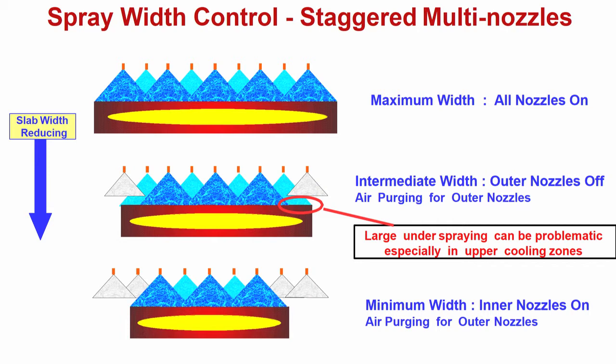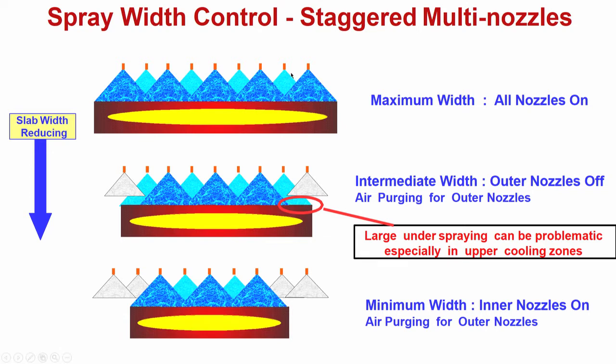So the nozzle arrangement should be such that, as we have called it, there are staggered multi nozzles. You see here these dark blue ones, 1, 2, 3, 4, 5, they are covering the whole width and there is also overlap.